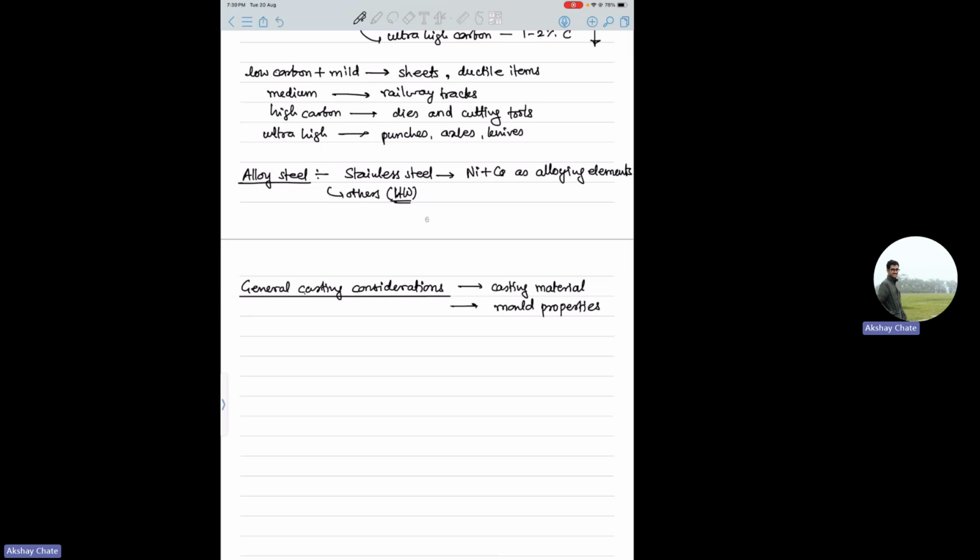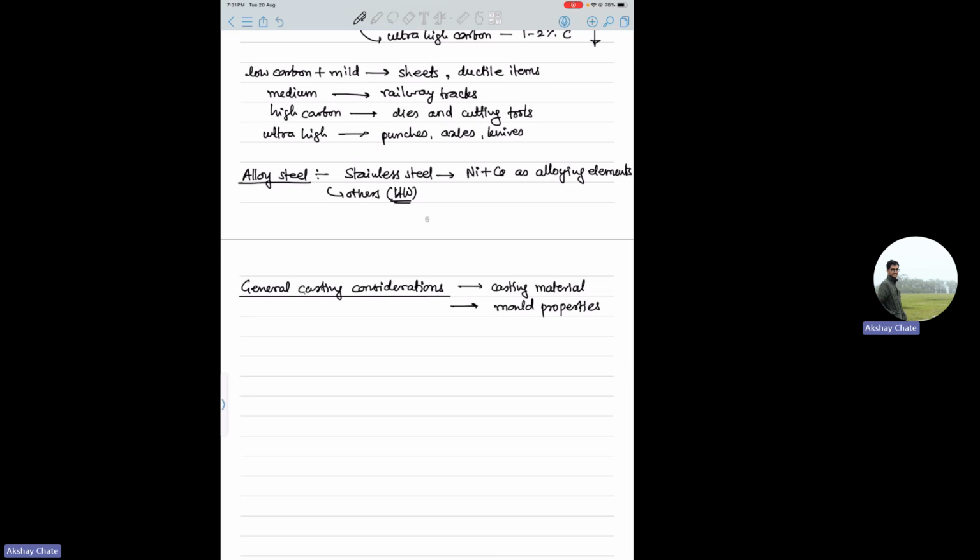It should have some air vents, riser, all those things. So those we already discussed in previous classes. Those things come under this category. And in the mold also you have to be very careful, because we'll see some defects now. And apart from the characteristic of the material itself, mold also plays a very important role in avoiding the casting defects. Okay, so I'm not going into details because that has already been taught.